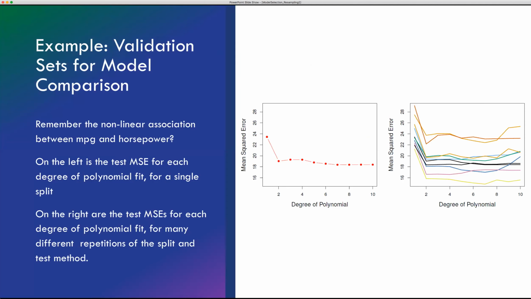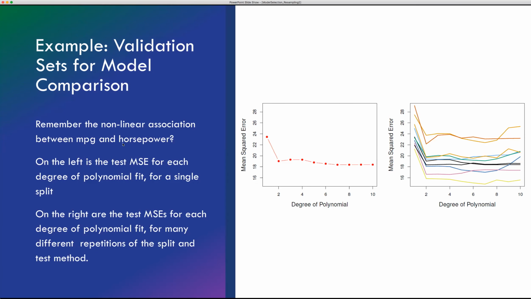Okay, this is another example. If you still remember, we talked about the auto data set many times, and we discovered that MPG and horsepower have a non-linear relationship.